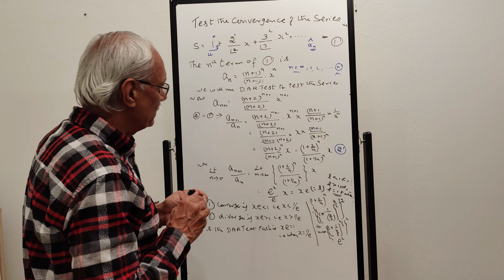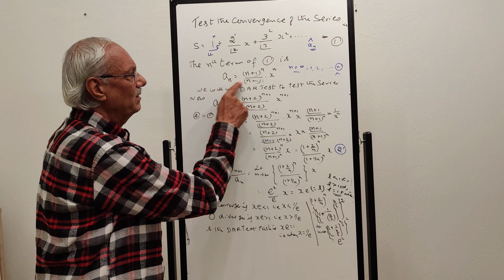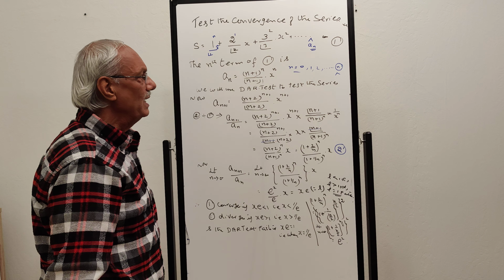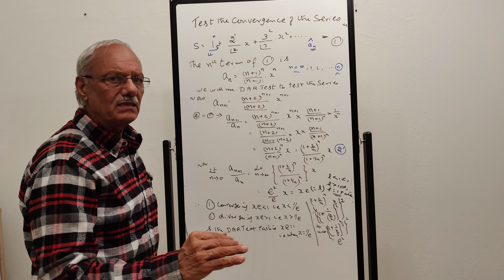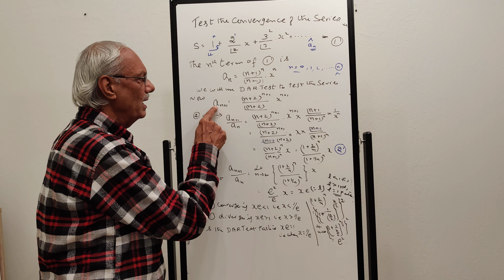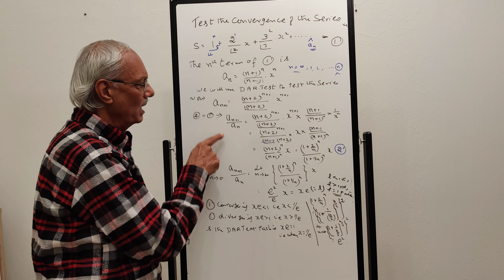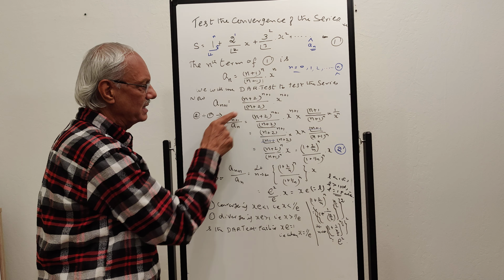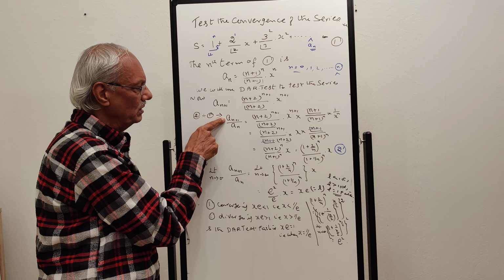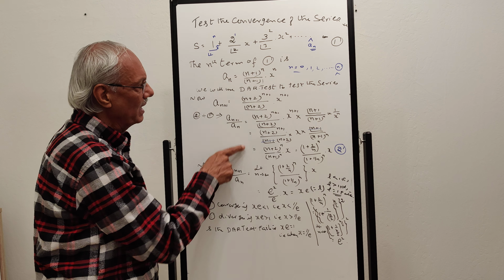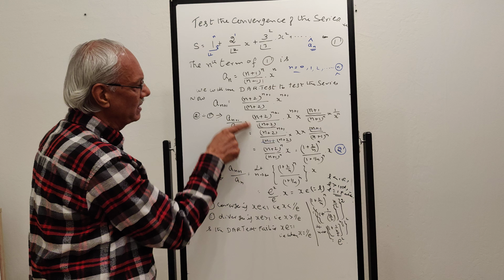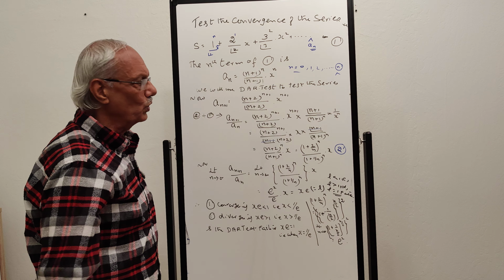So I will repeat this. See what I have done is, I have found my nth term, a_n. And I also find the (n+1)th term. And for applying D'Alembert's test, I do the division a_(n+1) divided by a_n, and when you put a_n at the bottom, your denominator will go to the top.